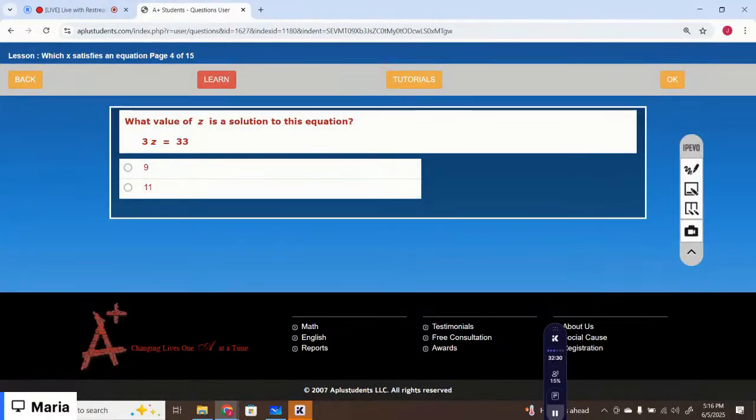What value of c is the solution of this equation? Which is the correct option?